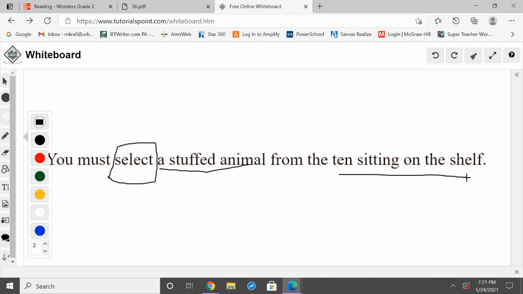Another word for that in my mind is pick. I need to pick a stuffed animal out of that shelf where there are 10 stuffed animals sitting.